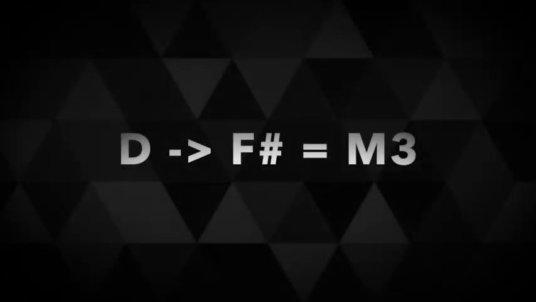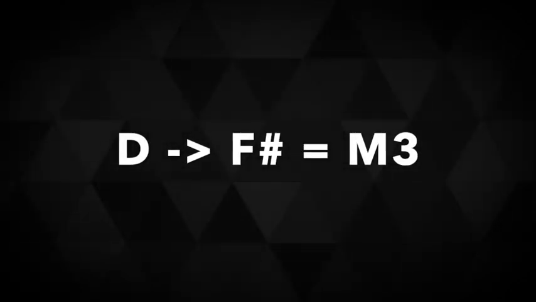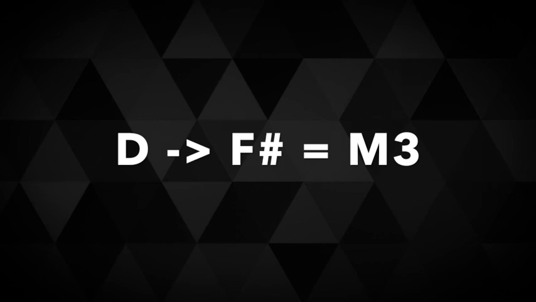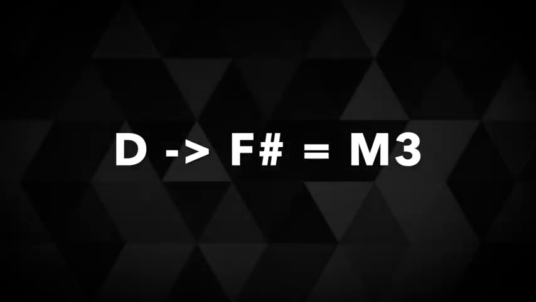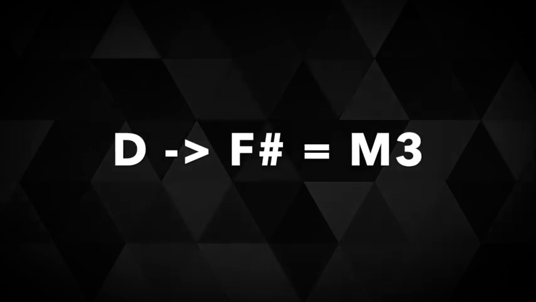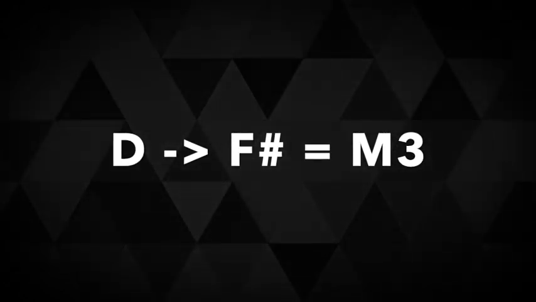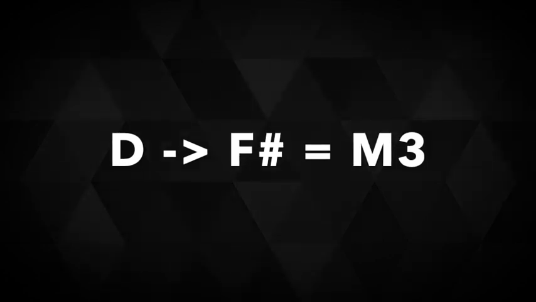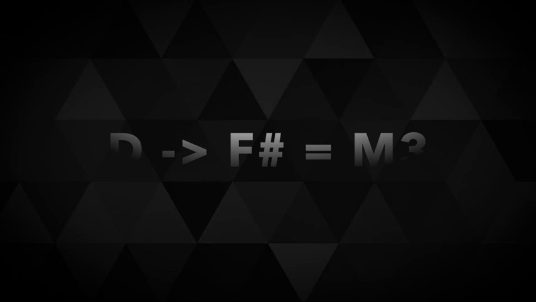Or another example, from D to F sharp. So in D major, we have an F sharp and a C sharp, so we know that it's part of the scale. And if we go D, E, F sharp, we learn that that's the third, because F sharp is the third note of the D major scale, and because it's a major scale, it's going to be a major third.